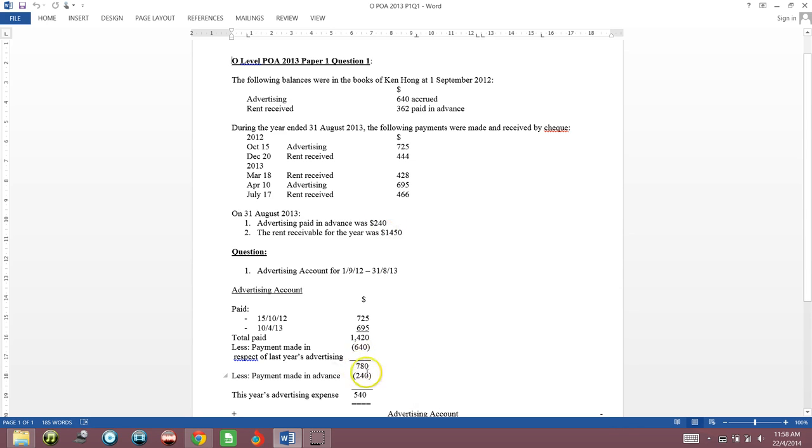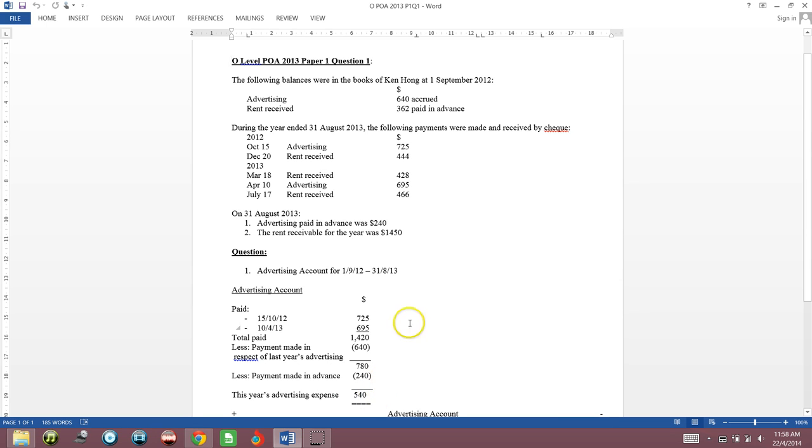So out of this 780, 240 is in respect of next year's advertising. That would leave 540 that was paid in respect of this year's advertising expense. So in other words, Ken Hong has found out that his advertising expense for this year is 540.